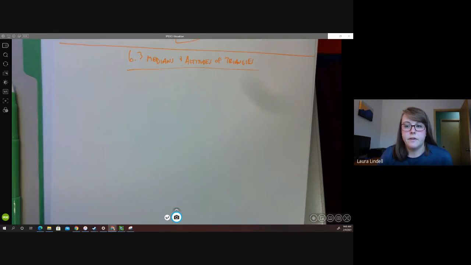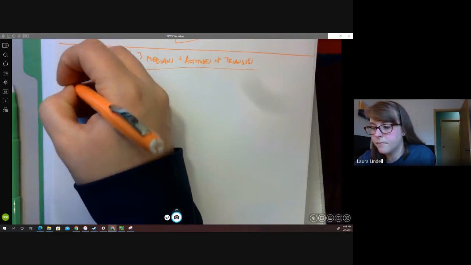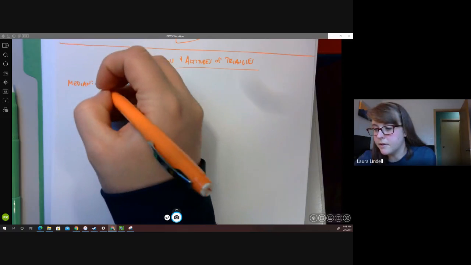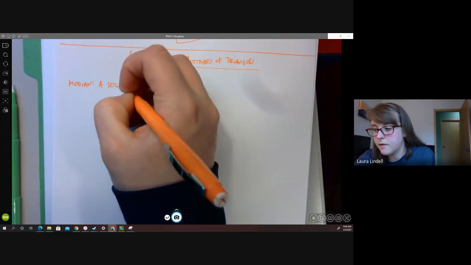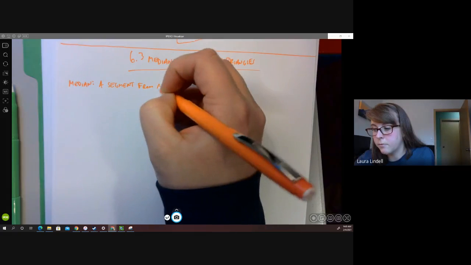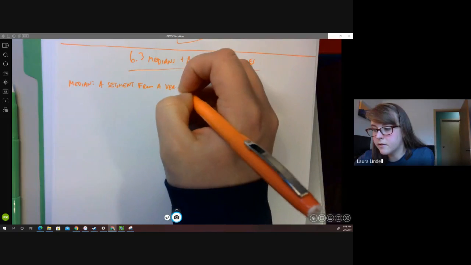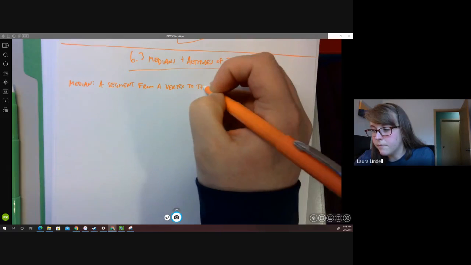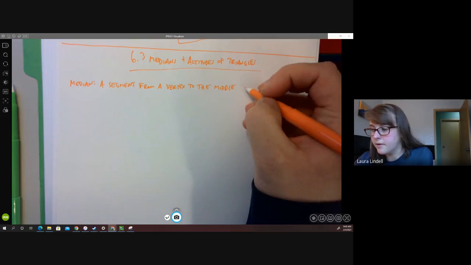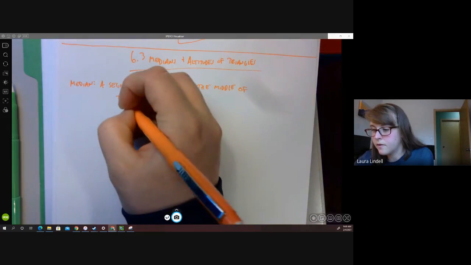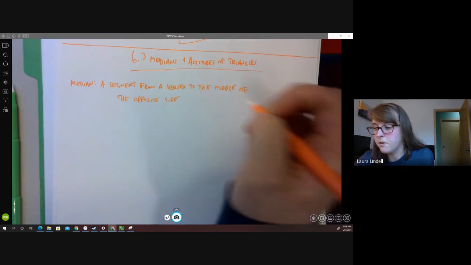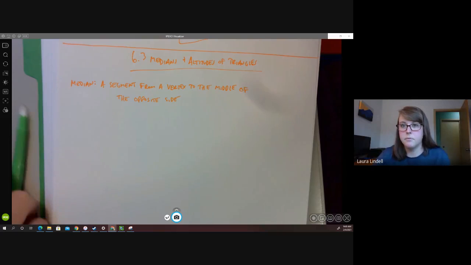So the technical definition for a median is a segment from a vertex, any vertex, to the middle of the opposite side. Or the midpoint of the opposite side, if you're thinking about it in terms of coordinates and whatnot.